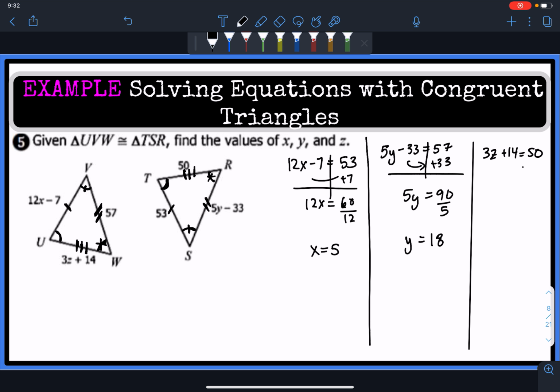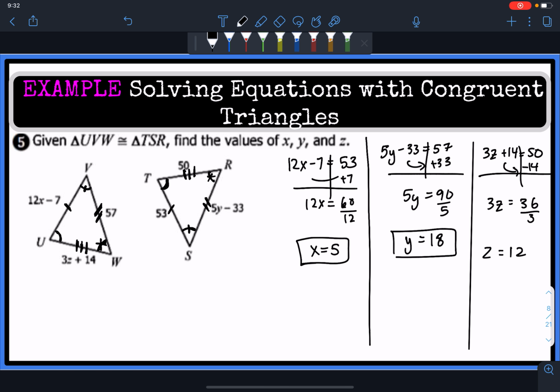Moving the 14 to the other side and subtracting it, I get that 3z is going to equal 36, and dividing the 36 by the 3, the value in front of the z, I get that z is equal to 12. So there are the values of my 3 variables. X is equal to 5, y is equal to 18, and z is going to equal 12.